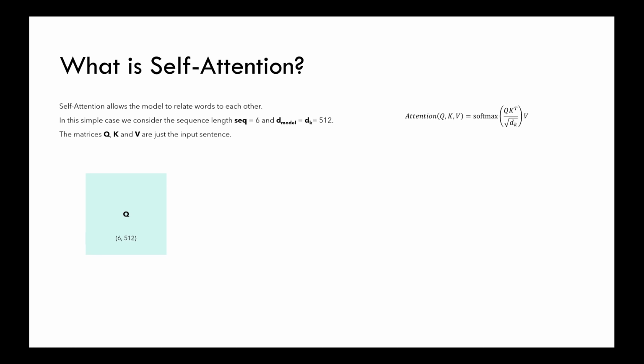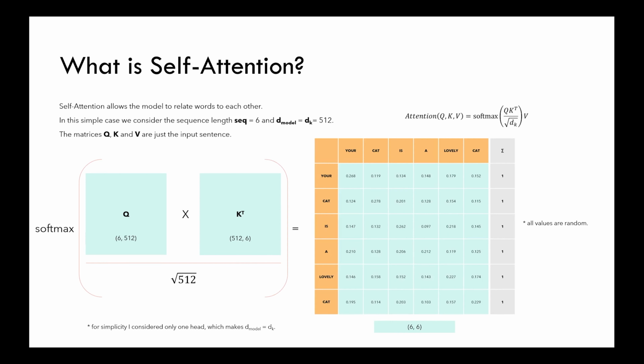So this is our Q, which is 6 by 512. We multiply by the transpose of K, which is 512 by 6. We divide by the square root of the dimension of the embedding, apply softmax, and this is what we get.